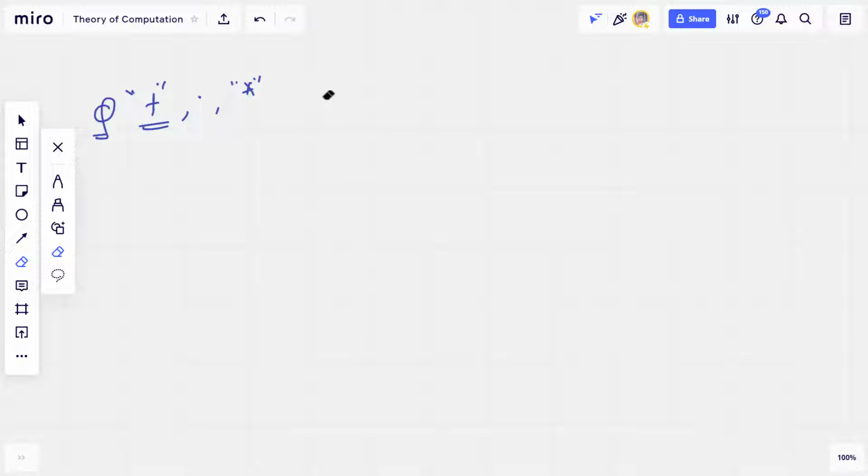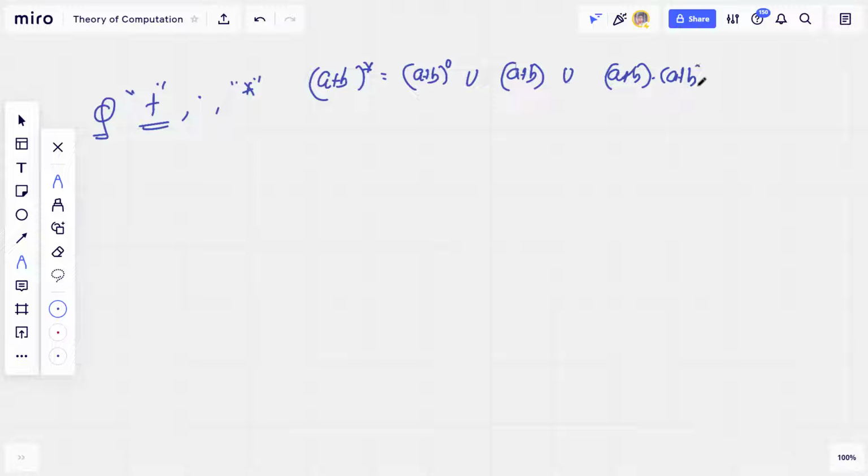Okay, cool. The more formal way to represent star would be to take the language represented by a plus b power 0, take union with the language represented by a plus b, and take union with the language represented by a plus b into a plus b, and take union of the language represented by a plus b into a plus b into a plus b, and so on and so forth.